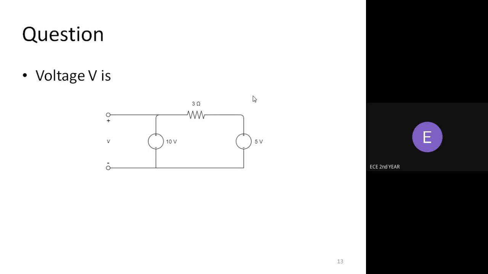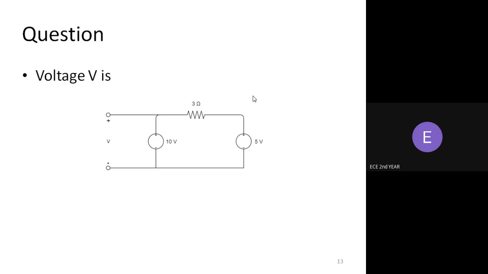And the next question is to calculate the voltage value V for the given circuit. Here a 10 volt voltage source, a 3 ohms resistance and a 5 volt source, all three are connected in series.